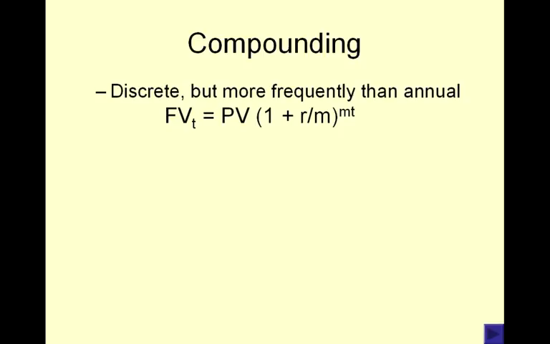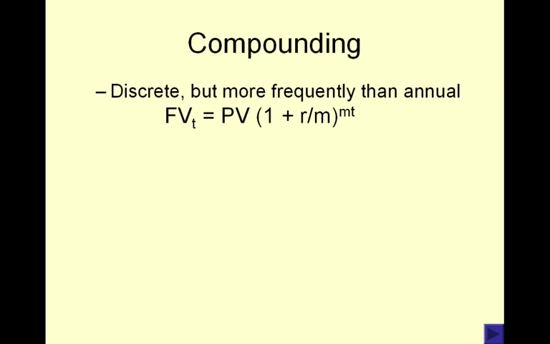Here's our formula for the future value of an investment that could be compounded more frequently than annually. Notice that we've added a term M that appears twice in this formula. First we have M, and let M represent the frequency within a year in which we have compounding of interest.